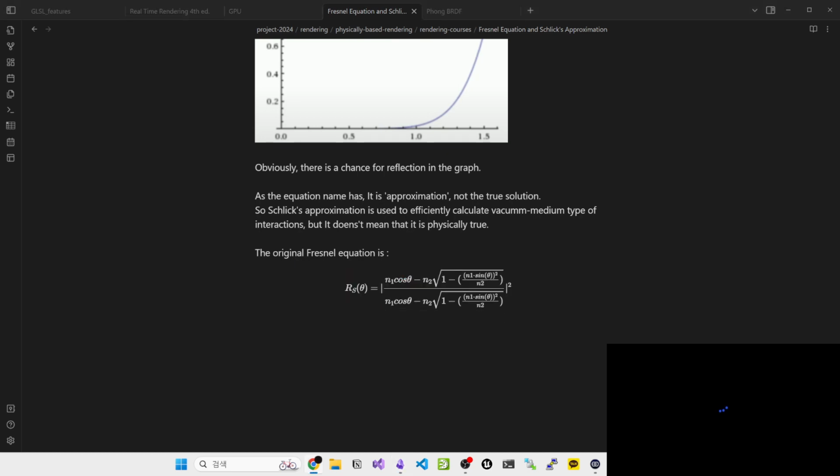So what would this say about a vacuum-vacuum interaction?